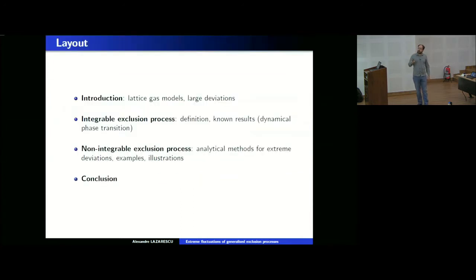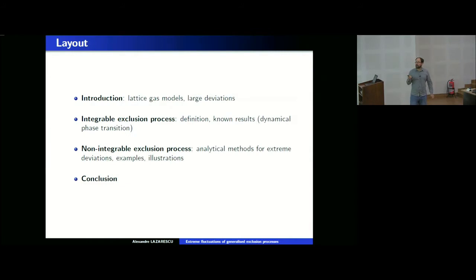So I will start by very broadly introducing context and some notations on large deviations. I will then be talking about the standard asymmetric simple exclusion process, which is integrable. I will give the definition quickly and then a brief overview of known results about the dynamical phase transition that I'm interested in.